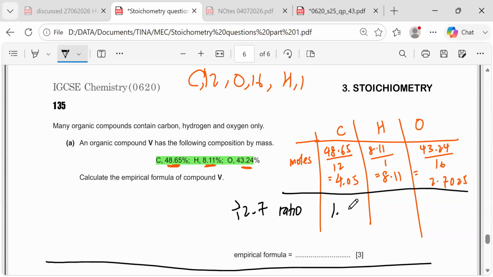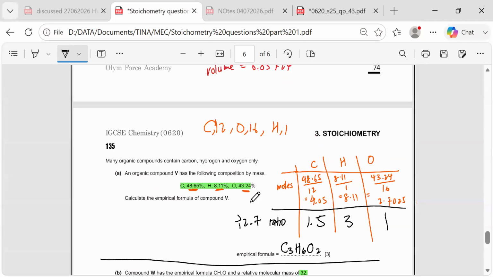So this is 1.5. Can you please change this? 8.11 divided by 2.7 is 3, and then 1. So it should be C3H6O2. Both answers are C3H6O2.